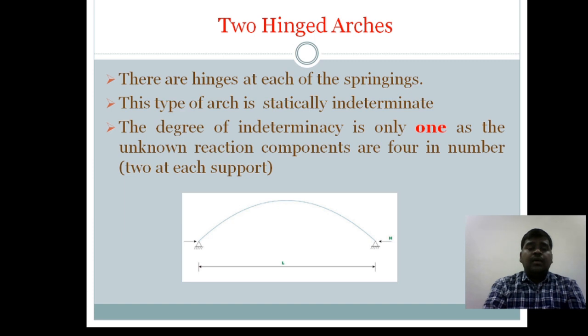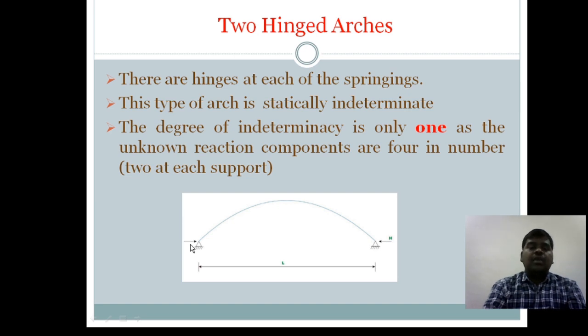If you look at the figure here, this is a simply supported or a hinge support. This is also a hinge support. So generally we have only four reactions. Here we have 1, 2, and also here we have 1, 2.